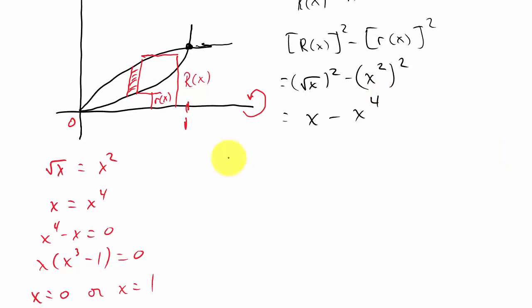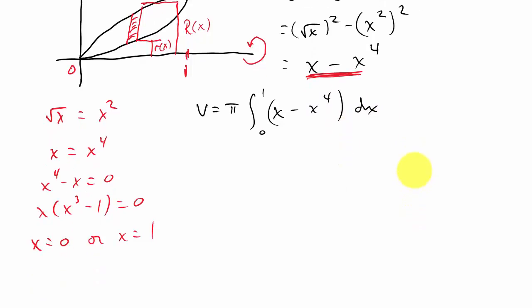That gives me my volume: pi times the integral from 0 to 1 of big R squared minus little r squared, which is this, x minus x to the fourth dx.